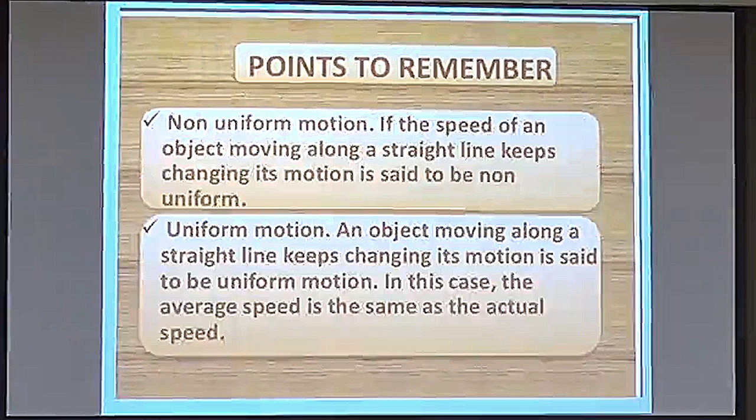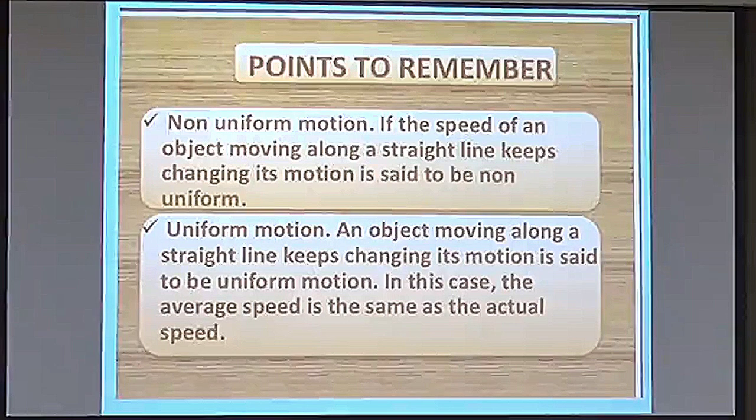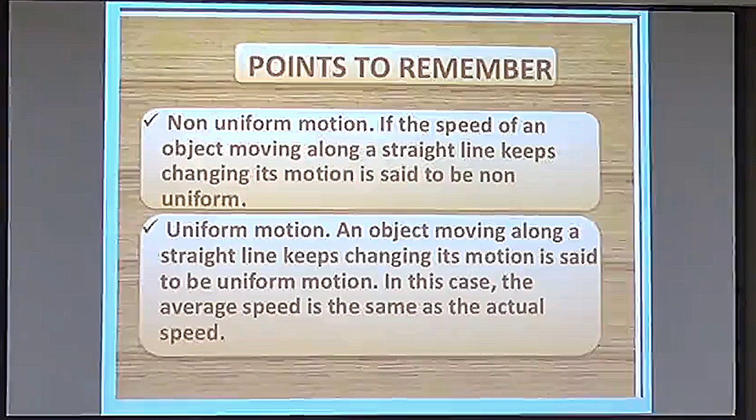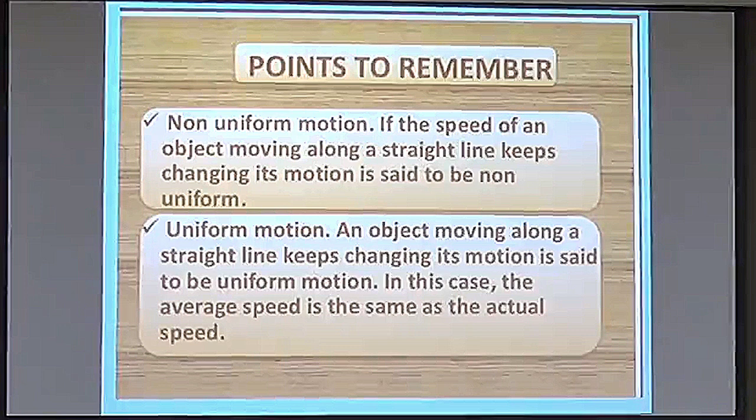Then non-uniform motion: if the speed of an object moving along a straight line keeps changing, its motion is said to be non-uniform, and the motion will be uniform if the speed of the object moving along a straight line does not change. So if the motion is uniform, then the average speed will be the same as the actual speed.